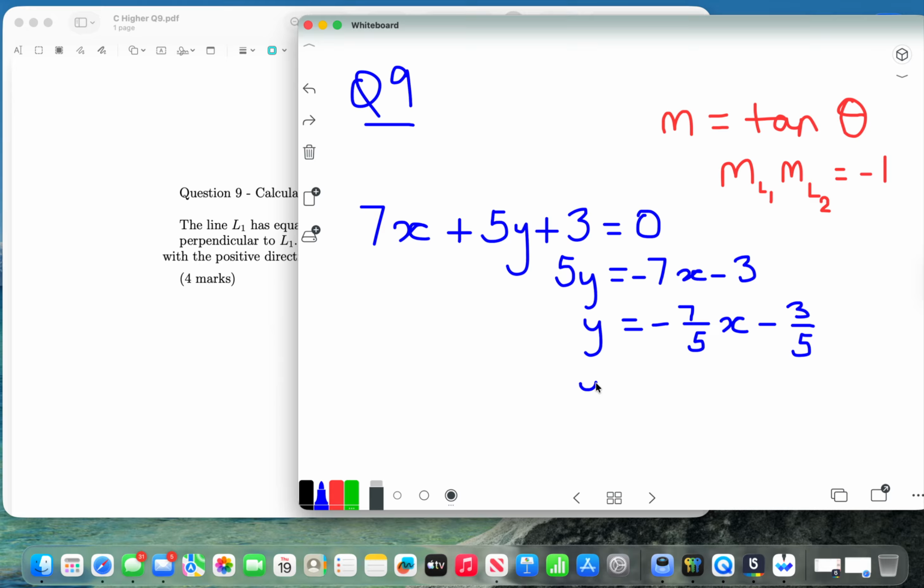We have this in the form y equals mx plus c, and we can read off of this that the gradient of L1 is minus 7/5.